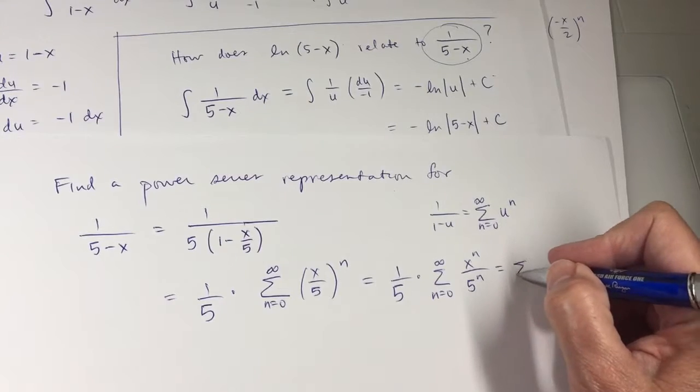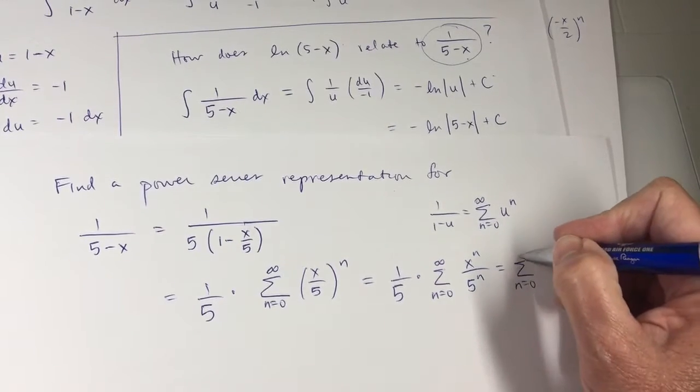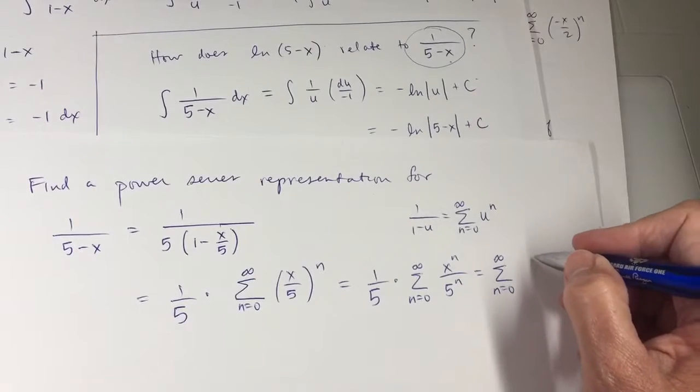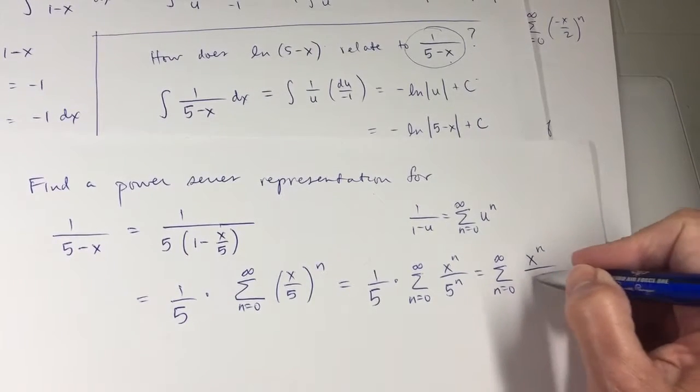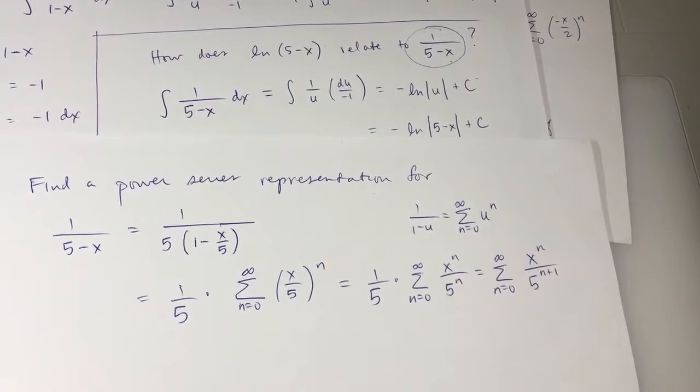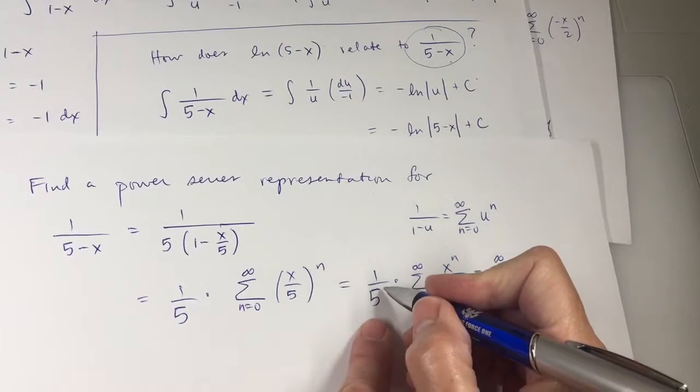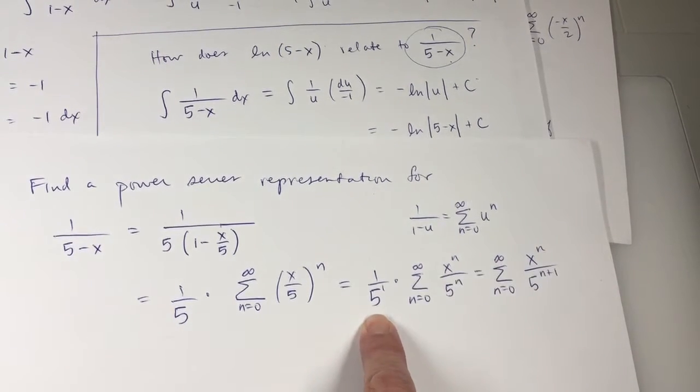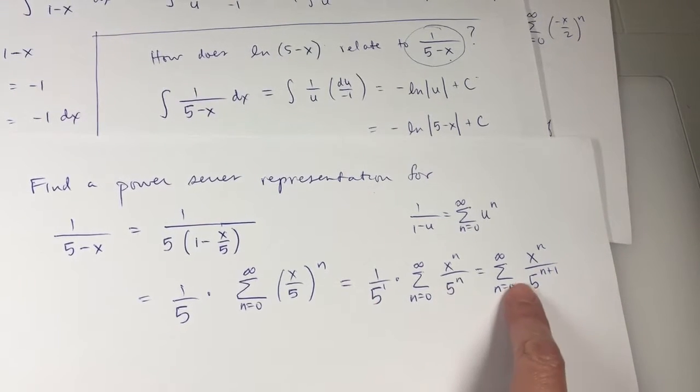And then if I multiply the 1/5 in, it'd be the sum as n goes from 0 to infinity of x to the n over 5 to the n plus 1. But when I work the problem, I'm going to work it probably from here for now. Oh, this was 5 to the first power. So when I did 5 to the first times 5 to the n, I just add the exponents.